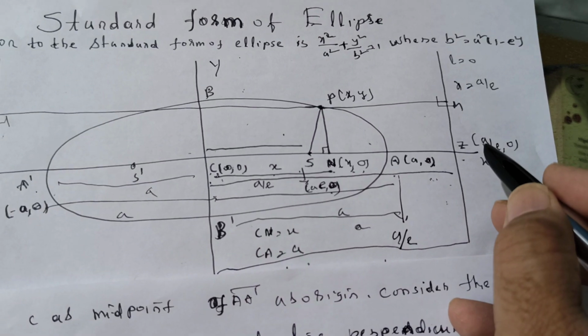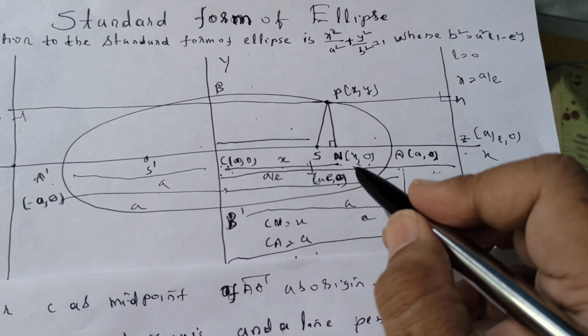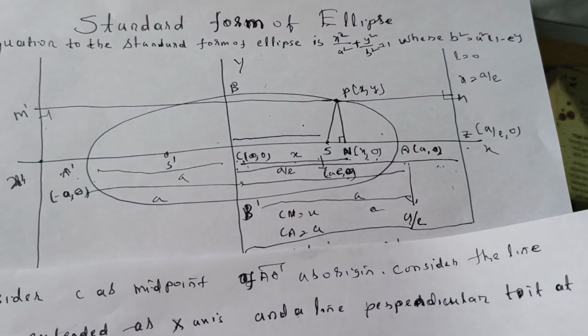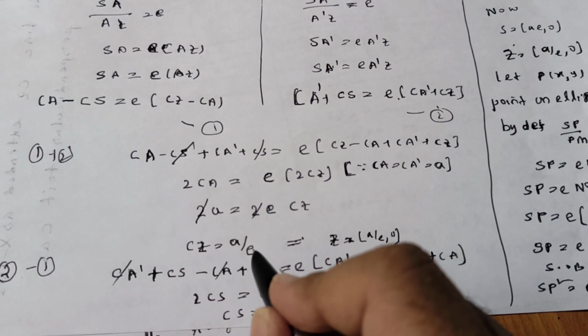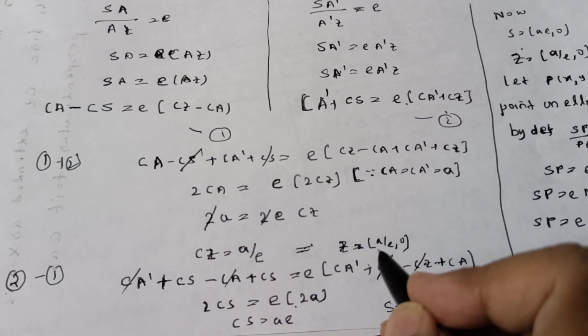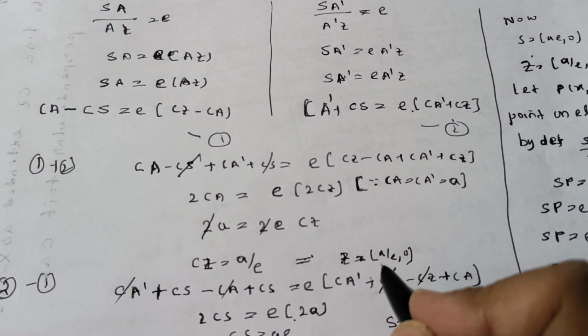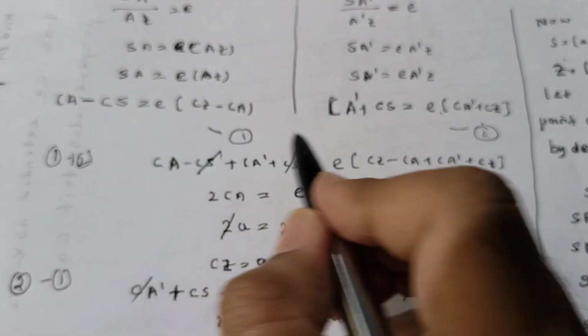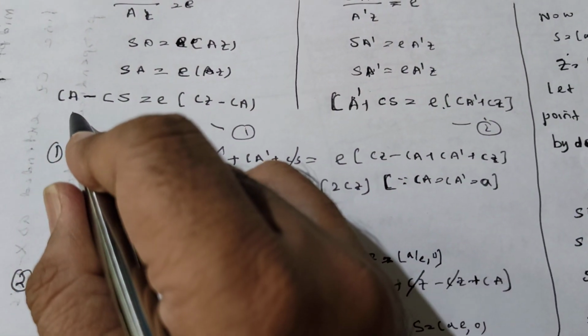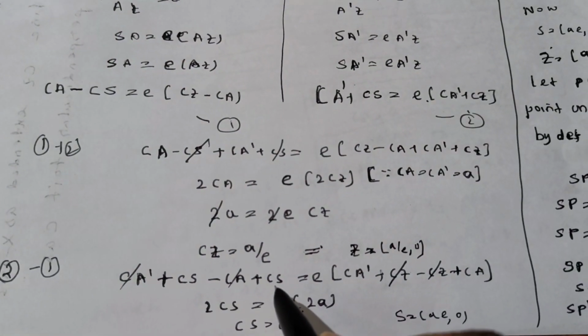If I know these points, you think that everything I have got in my hand, wherein I can find the equation. That's what you have done. CZ is equal to A by E. Z is a point lying on the x-axis. So Z is equal to A by E comma 0. I subtracted 2 minus 1. CA dash plus CS minus CA plus CS it will become.